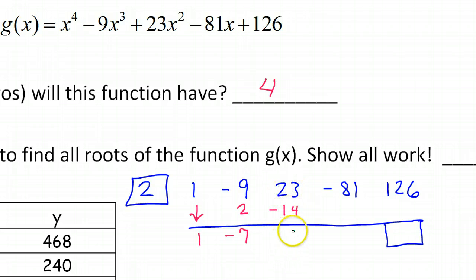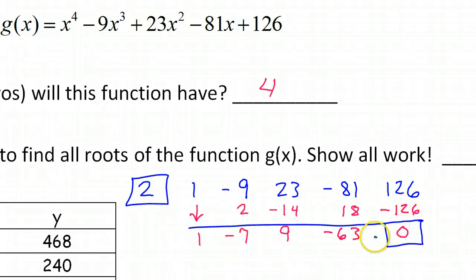If you put this together, you're going to get 9, and then 9 times 2 is 18. So that's going to make -63. -63 times 2 is -126, which makes 0. Alright, so we used one of our zeros. We still have one left.